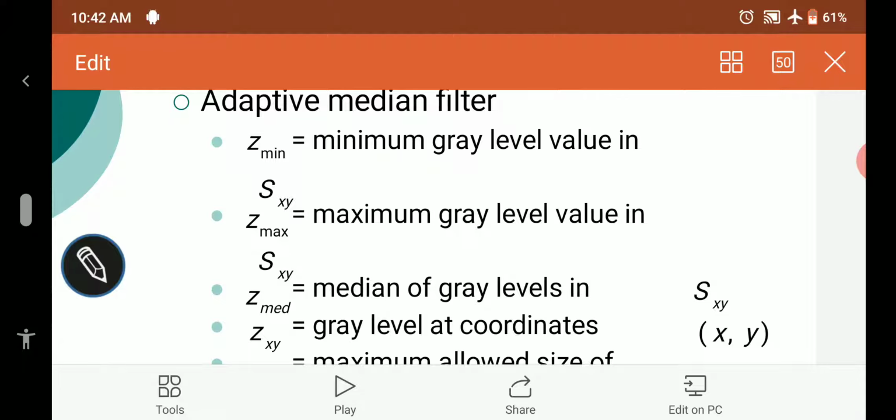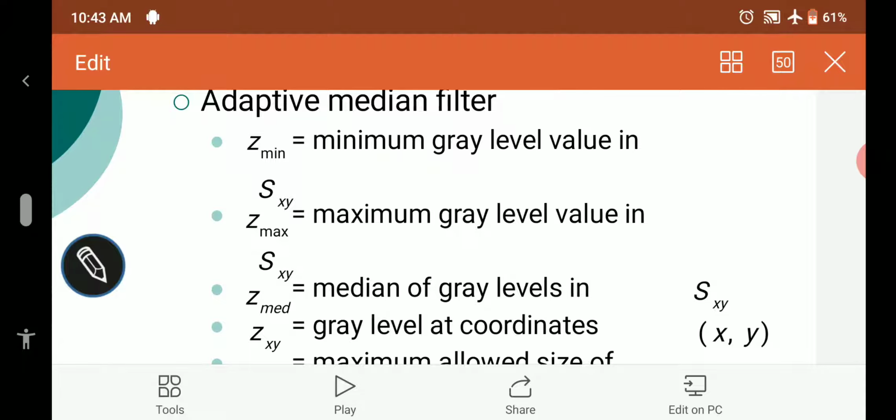However, the adaptive filter changes the size of the window during the operation, depending on certain conditions listed. Keep in mind the output of the filter is a single value used to replace the value of the pixel at x comma y, the point on which the window Sxy is centered.